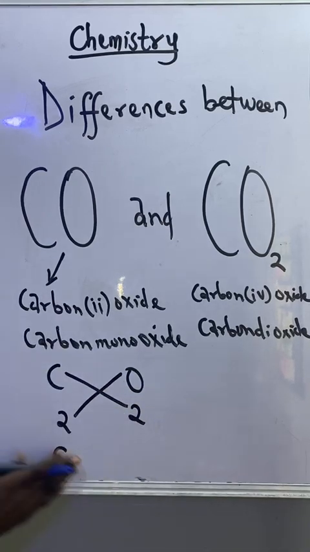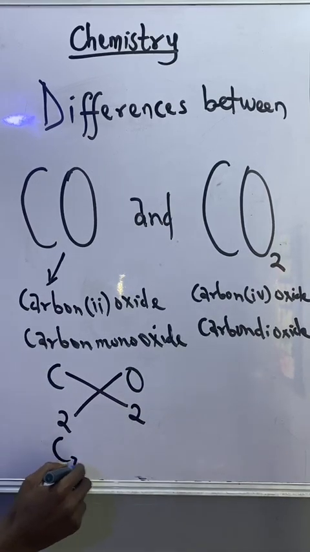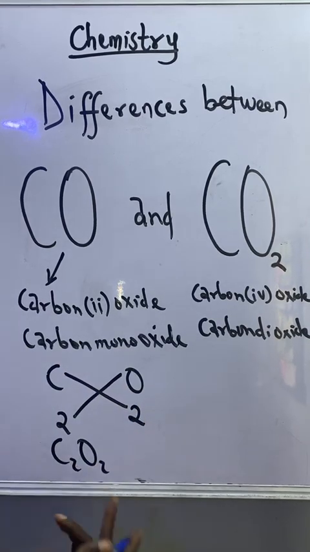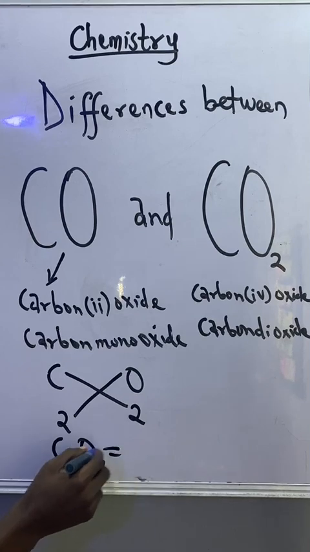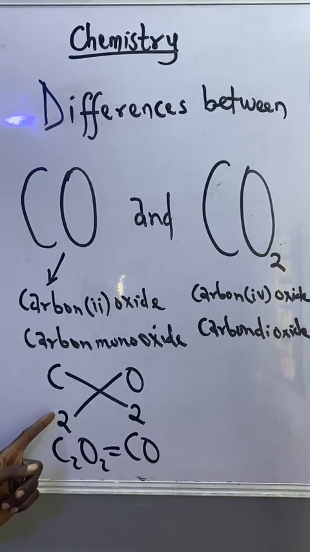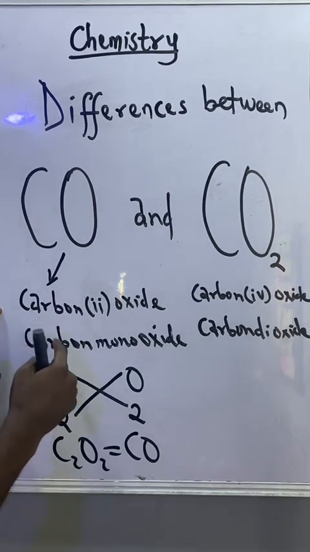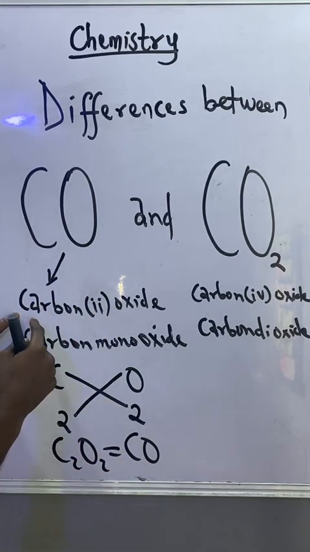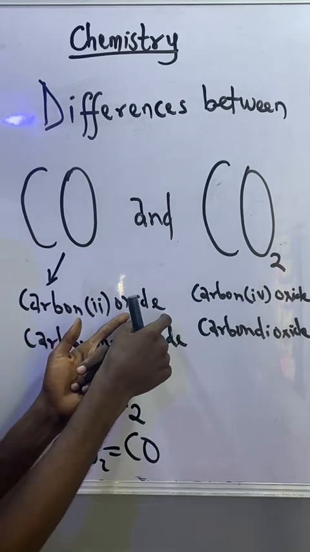This will give us C2O2. Now, since we have a common 2, we can just divide both by 2. So we have CO. Now, for the fact that we have used valency of 2 for carbon, we have to pronounce the name of this by the IUPAC rule by saying carbon 2 oxide.